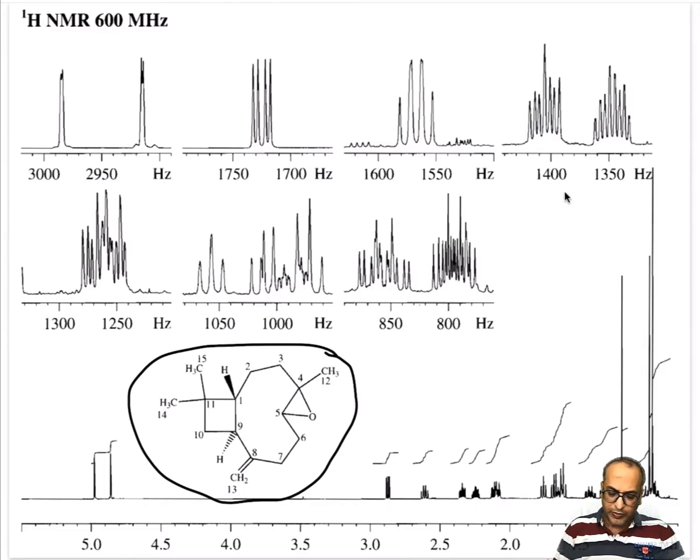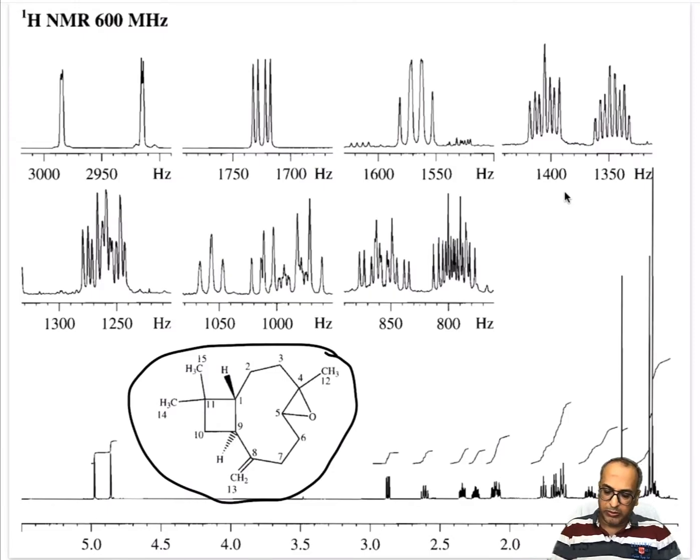Here you see that there is a large number of protons, and each proton has a signal over here, nicely split, showing the fine structures. And there are variable line widths also. For example, here the line width is different as compared to here, which shows that the local R2 properties of the protons are also different.